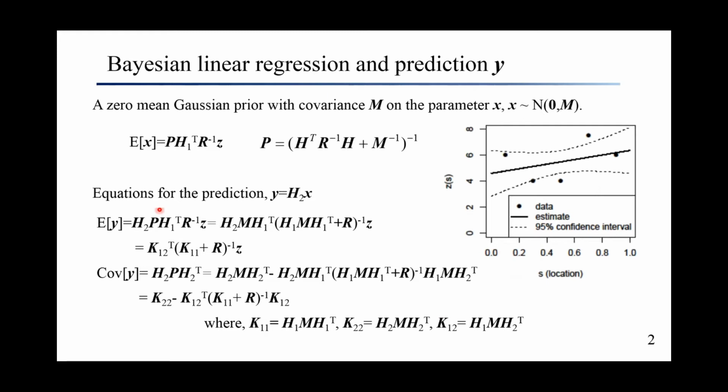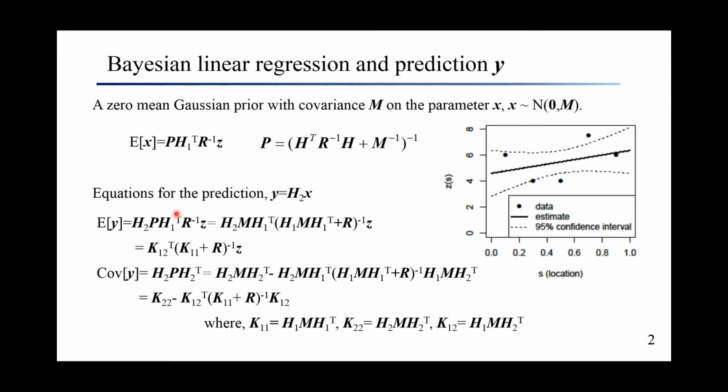Let's consider a Gaussian prior for the slope and intercept with a covariance matrix, and we assume a mean value of 0, but not necessarily 0. We can assume any mean values. Anyway, in that case, the mean value of the estimated parameters can be calculated by these equations, and also its covariance matrix.